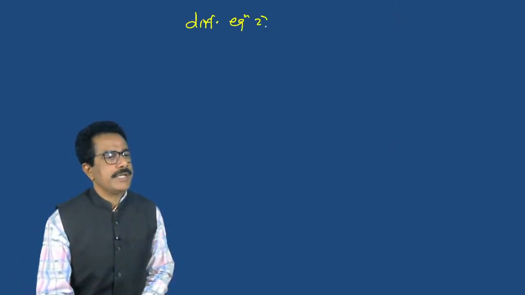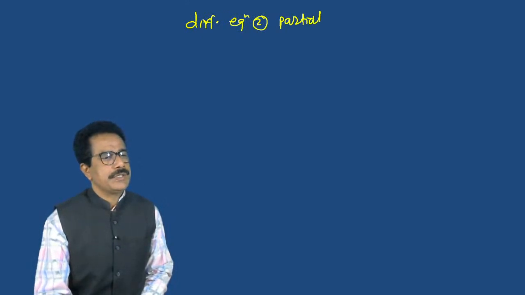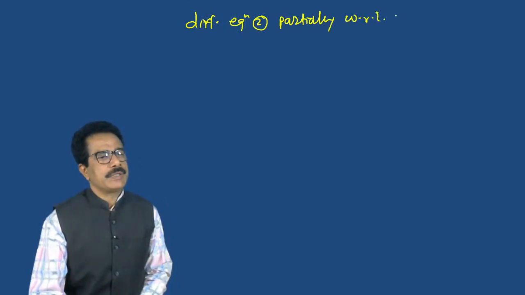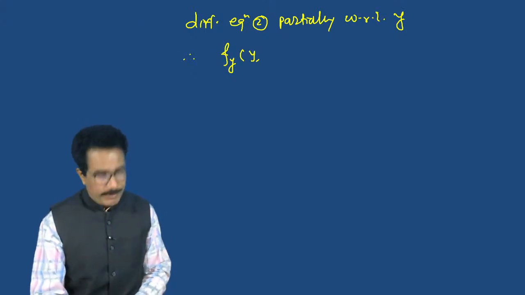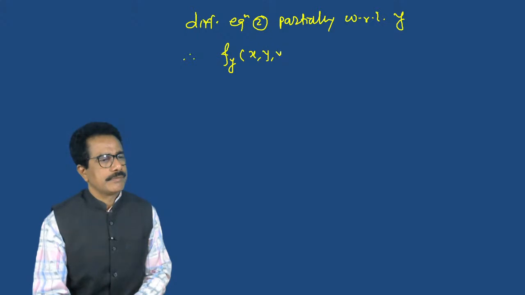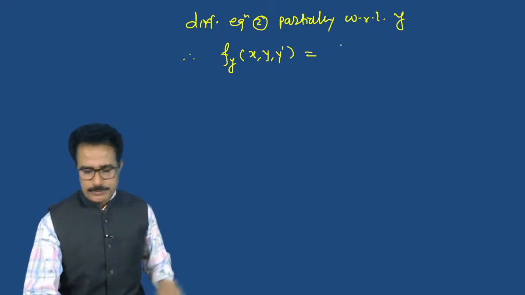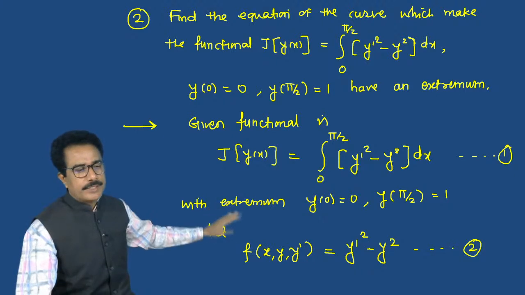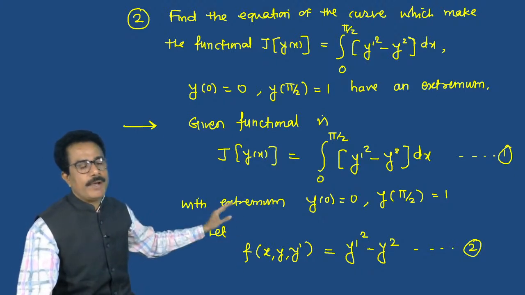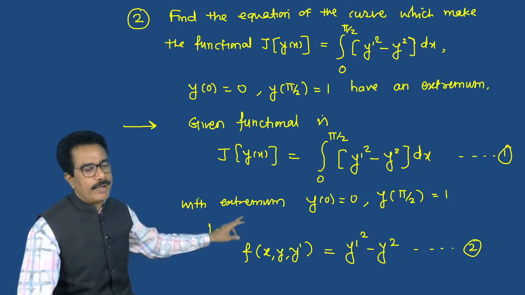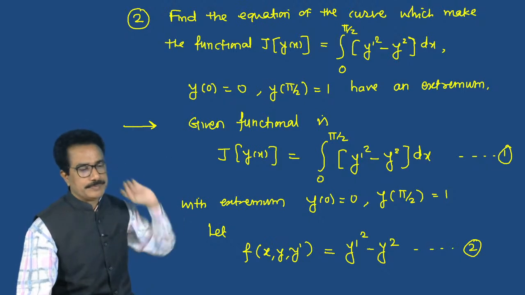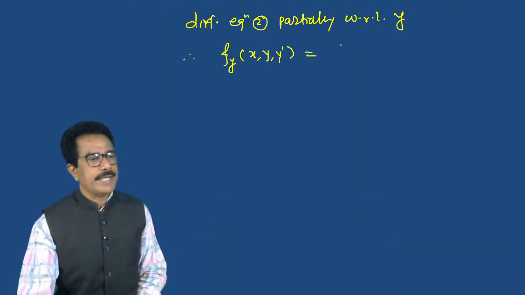So differentiating equation 2 partially with respect to y, fy of x comma y dash, which is equal to, tell me students, what is the derivative of this f with respect to y? The derivative of y dash square is 0, and of y square is 2y.